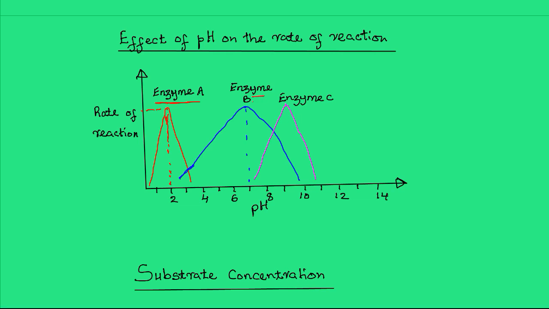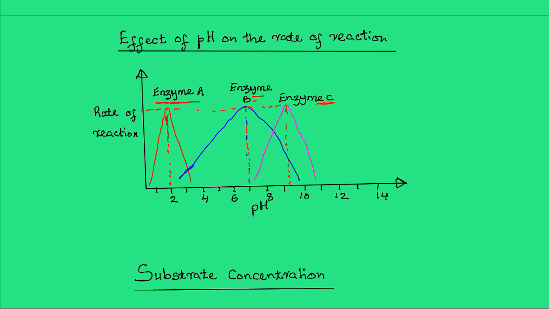Enzyme B has an optimum pH of about 7, producing the highest rate of reaction, while enzyme C has an optimum pH of about 9, at which it acts fastest. So different enzymes have different optimum pH.